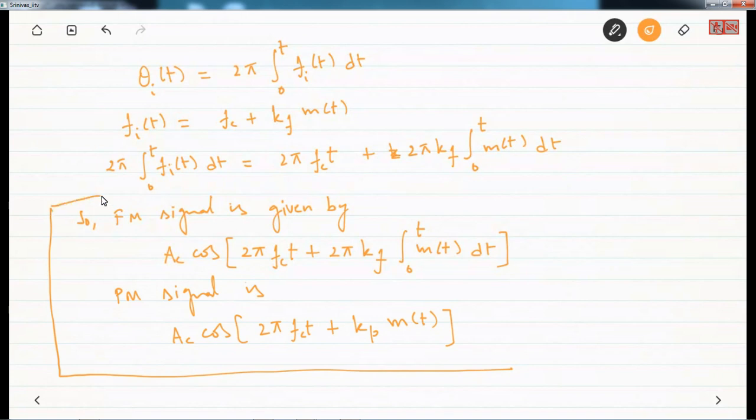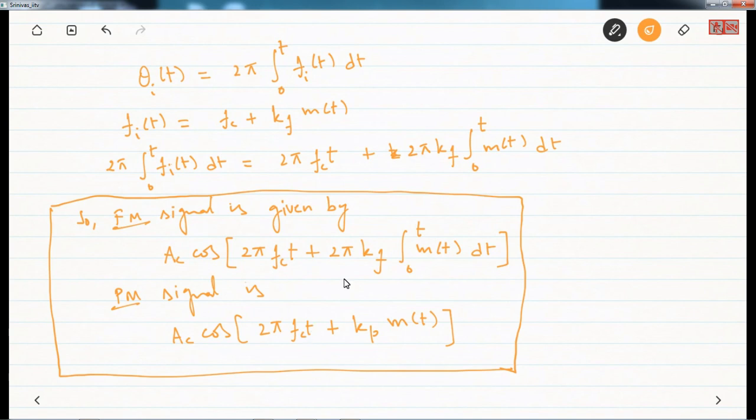So we have just defined what is frequency modulation and what is phase modulation. So this is FM signal and this is PM signal, right?